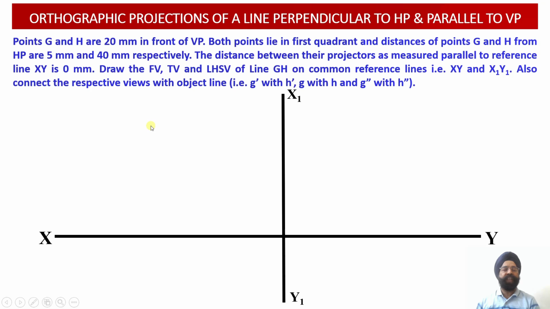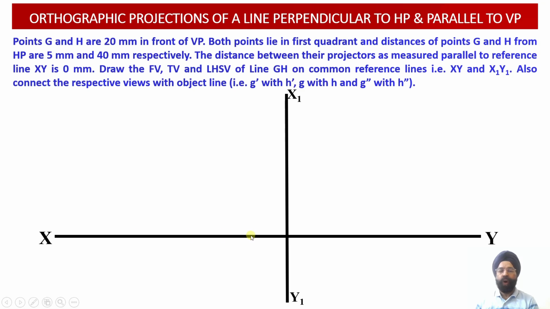So front view projections will be drawn on the vertical plane over here. The top view projections will be drawn on the horizontal plane over here, and the left hand side projections will be drawn on the right hand side of the front view projections over here into this domain.